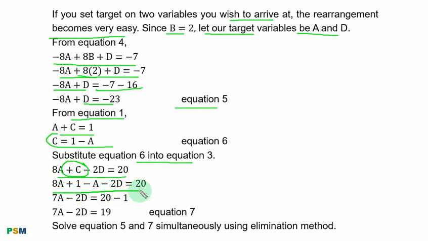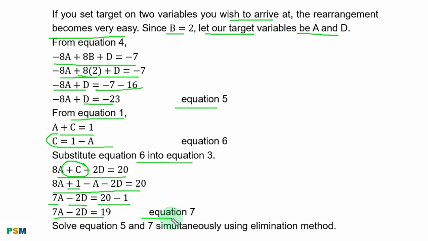In this form, you have 8a minus a, that is 7a, minus 2d equal to 20 minus 1. You transfer plus 1 to the right hand side and you have 7a minus 2d equal to 19, equation 7.